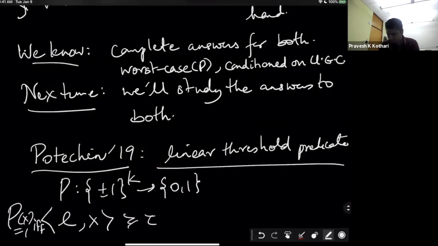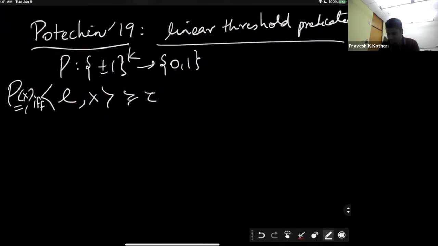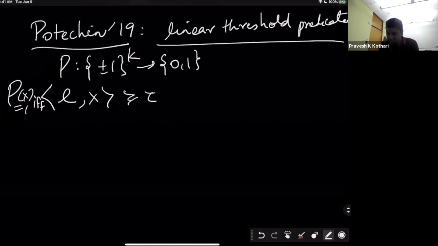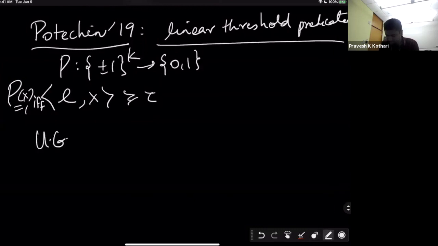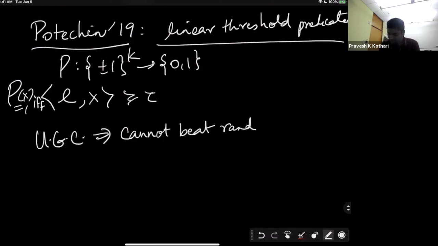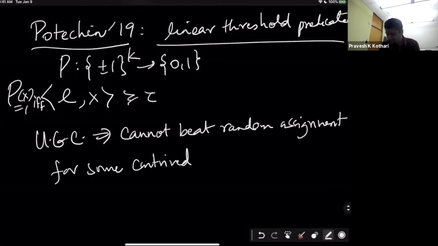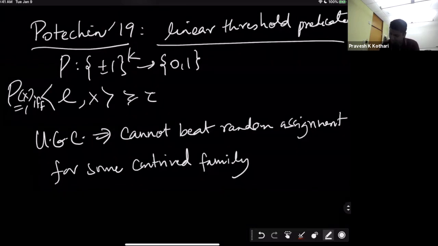And what Aaron Potechin from Chicago proved last year is that, assuming the unique games conjecture, you cannot beat random assignment for some contrived family of instances of the CSP with this predicate.